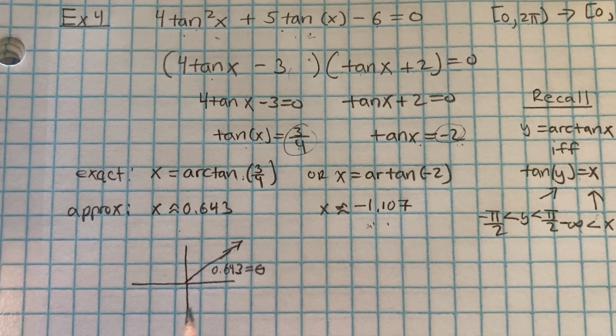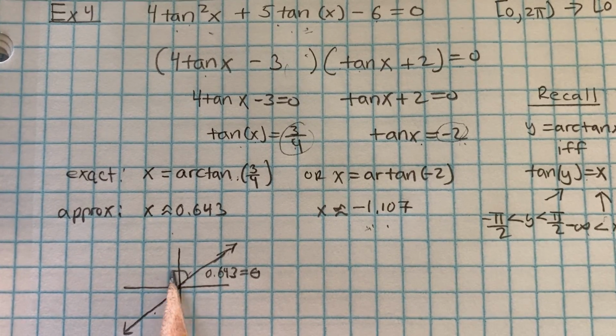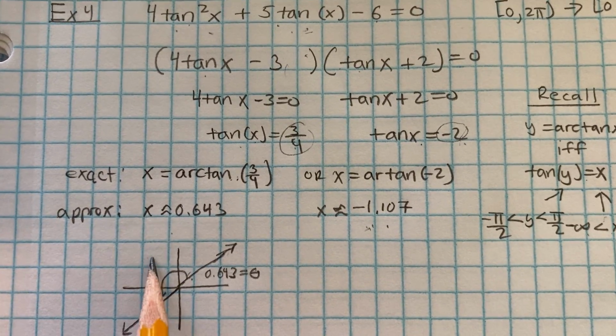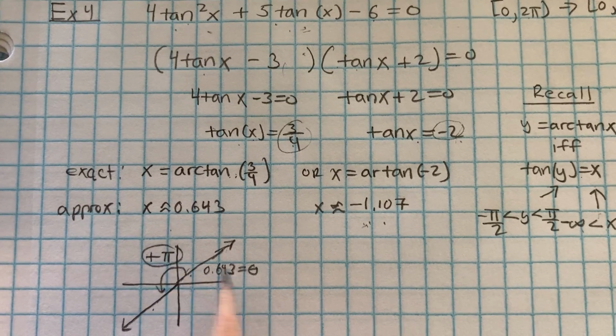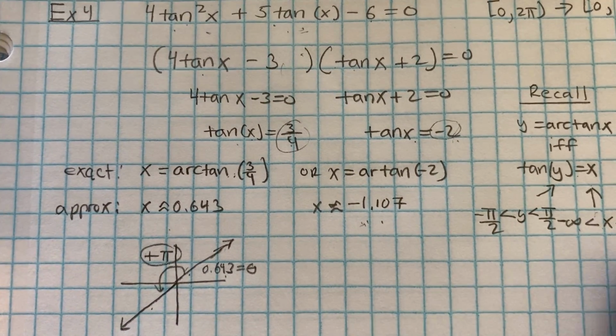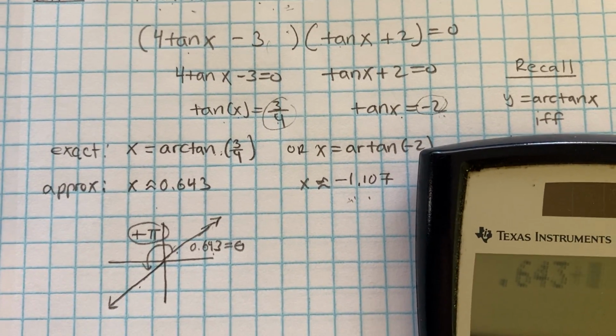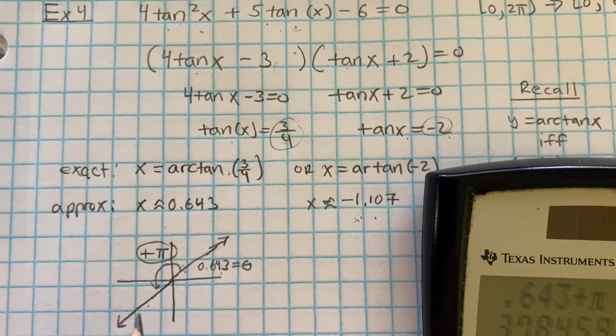Well, where else is tangent positive? In quadrant 3. So if it's in quadrant 3, it's a full pi radians to get from here to here. And so if I take 0.643 and add another pi, 0.643 plus pi is 3.78.